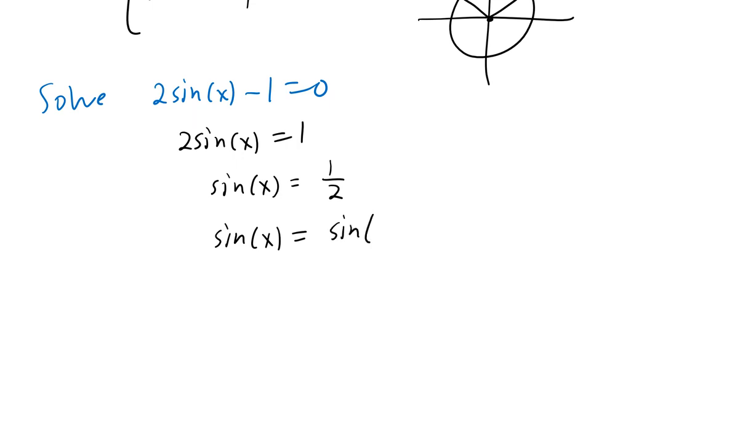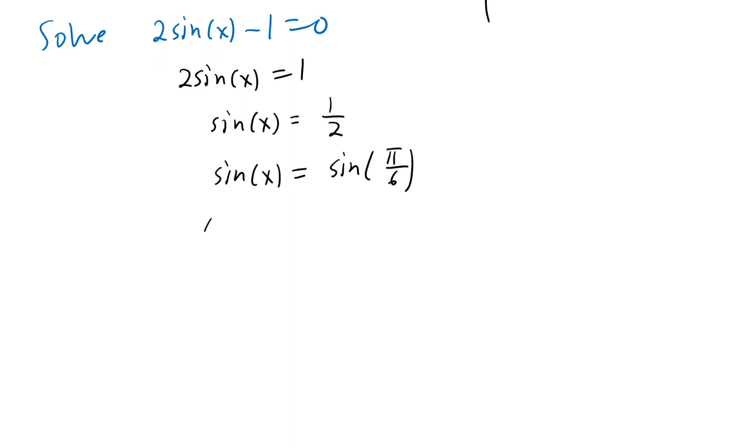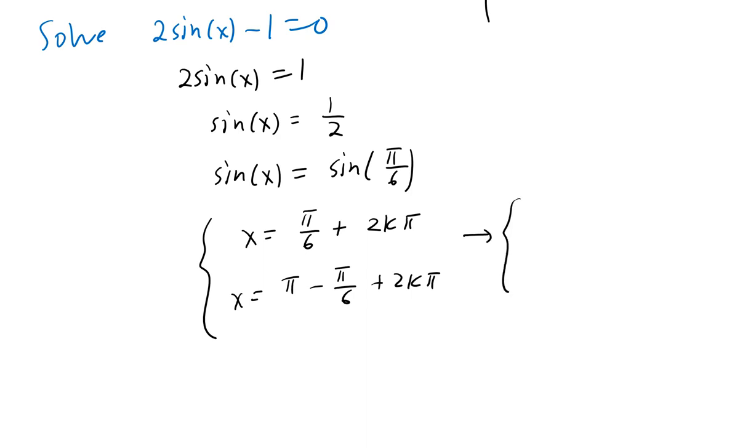We found that earlier was 30 degrees or pi over 6 radians, and now it looks like sine alpha equals sine beta. So we can move on and solve it. X equals pi over 6 plus 2k pi. X equals pi minus pi over 6 plus 2k pi. This can be simplified as x equals pi over 6 plus 2k pi, stays the same, but the second one you combine these, 5 pi over 6 plus 2k pi.